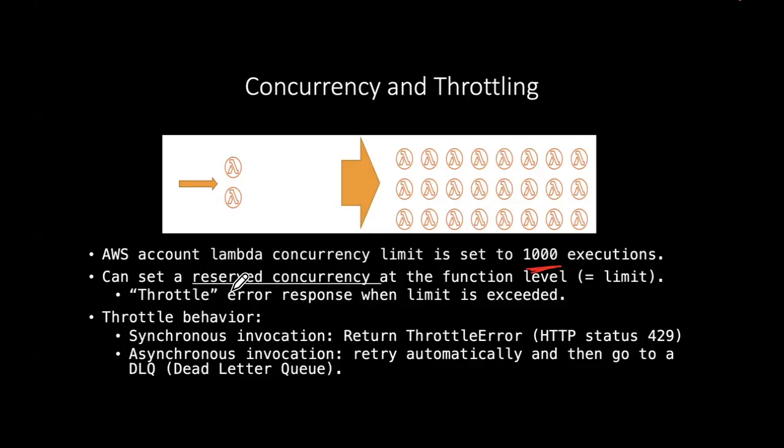A throttling error essentially tells the client that the Lambda service cannot deal with the volume of concurrent events that have occurred. A throttling response is a standard HTTP status code. I think it's status code 429.